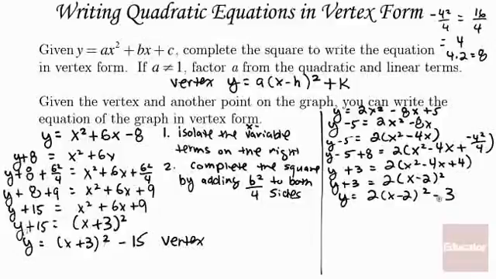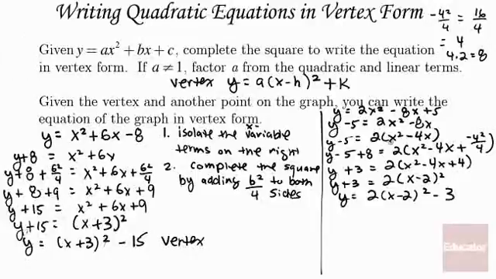Okay, and as you see, it was more complicated because I started out with a leading coefficient that is other than 1. In that case, I have to first isolate my x variables and then factor that out so that this becomes 1.